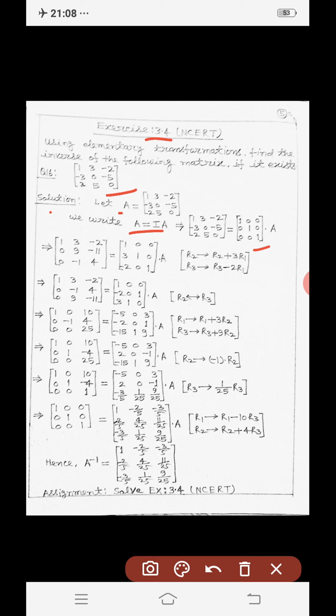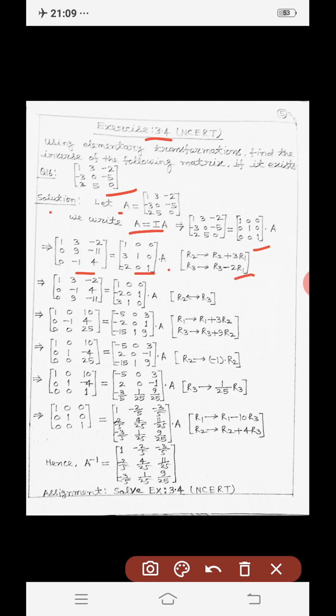This implies that 1, 3, -2, 0, 9, -1, 0, -1, 4, is equal to 1, 0, 0, 3, 1, 0, -2, 0, 1, into A. Here we apply the operations R2 changes to R2 plus 3R1 and R3 changes to R3 minus 2R1.